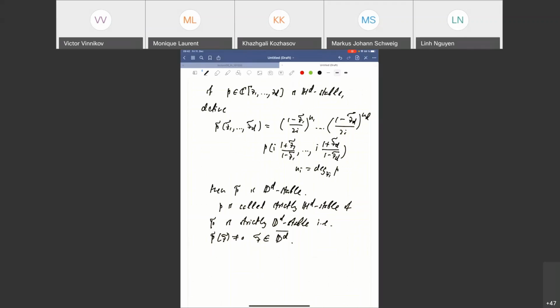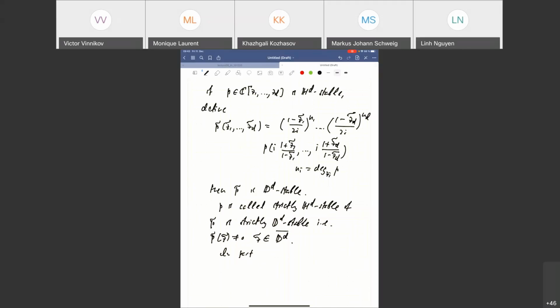Now, what it means is that the original polynomial P is zero-free on the entire upper half plane with the boundary, so the H^d closure, but we also impose some kind of non-vanishing condition at infinity.